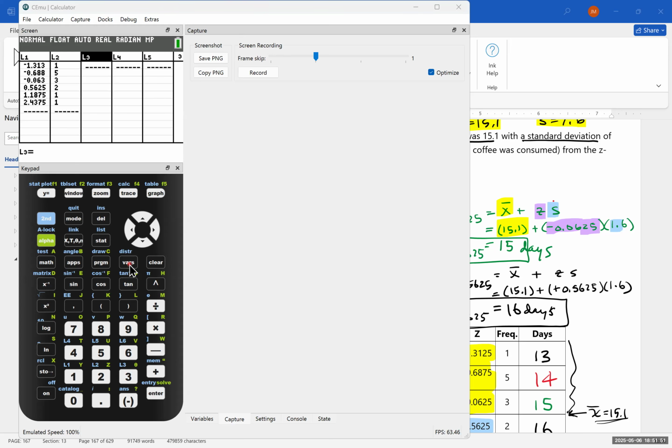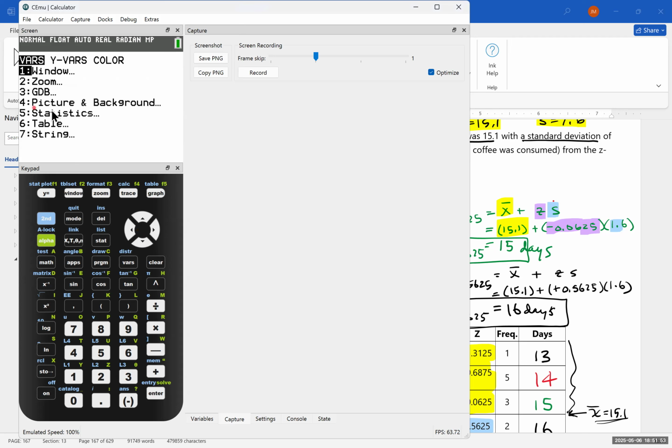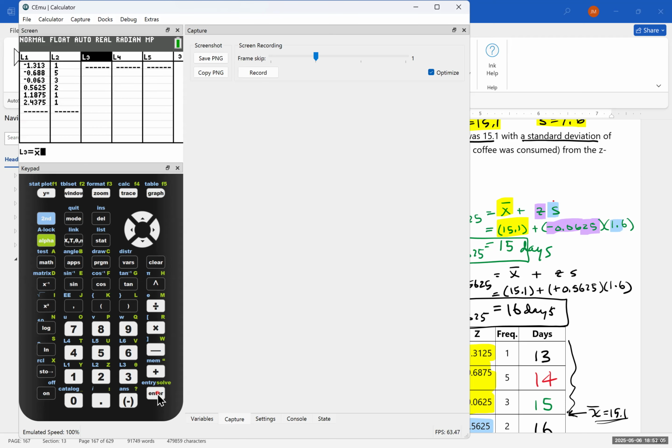So variables. Now we want statistics, and that's option 5. So we can just click 5 on the keypad and it'll go straight there. And then we want X bar. And then that's going to be plus our z-score, which is list 1. So second and 1, that'll put list 1, times the standard deviation. And that's a variable again.